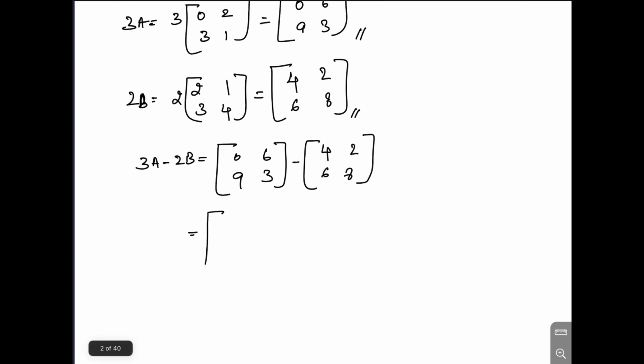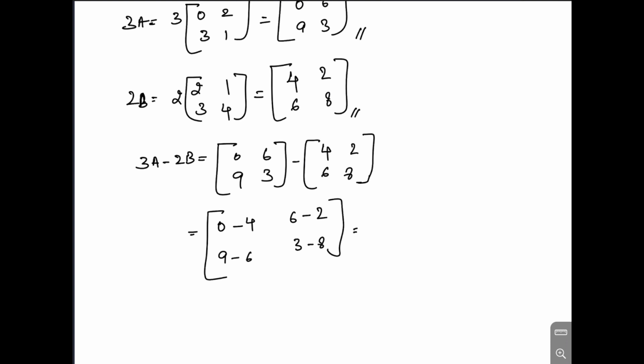So 0 minus 4, 6 minus 2, 9 minus 6, 3 minus 8. After simplifying we get minus 4, 4, 3, minus 5. So this is our final solution.